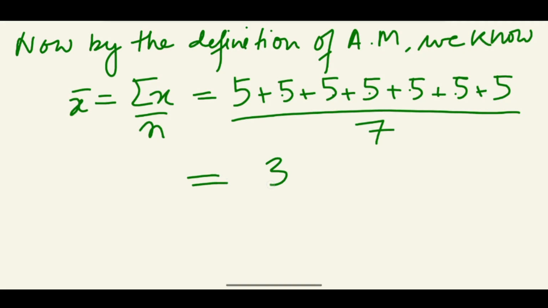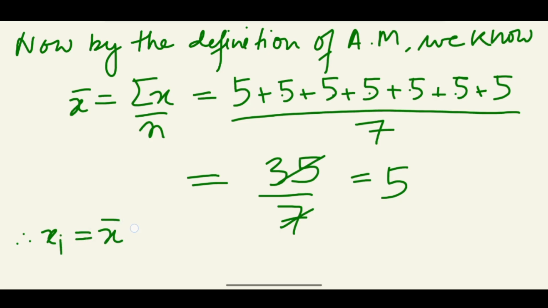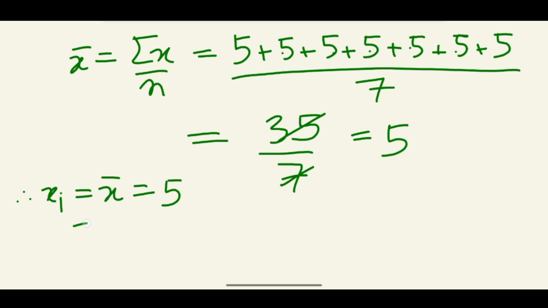By adding up the fives, we get 35, and by cancelling that by 7, we get 5. Therefore, we got xi equals x bar equals 5. This numerical example gave us the proof of xi equals x bar equals c.